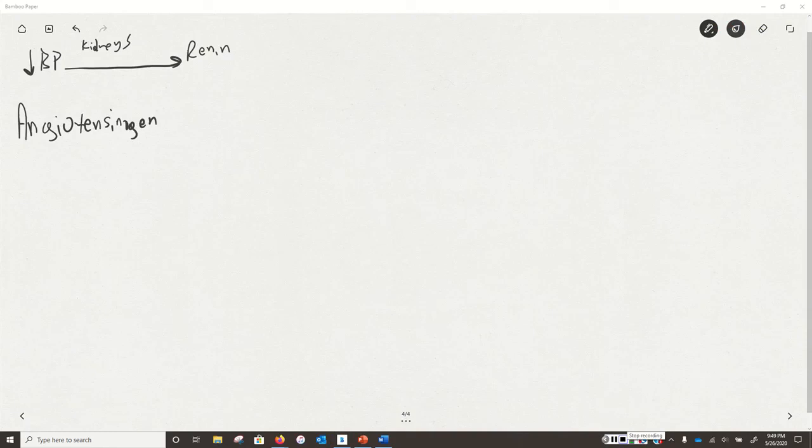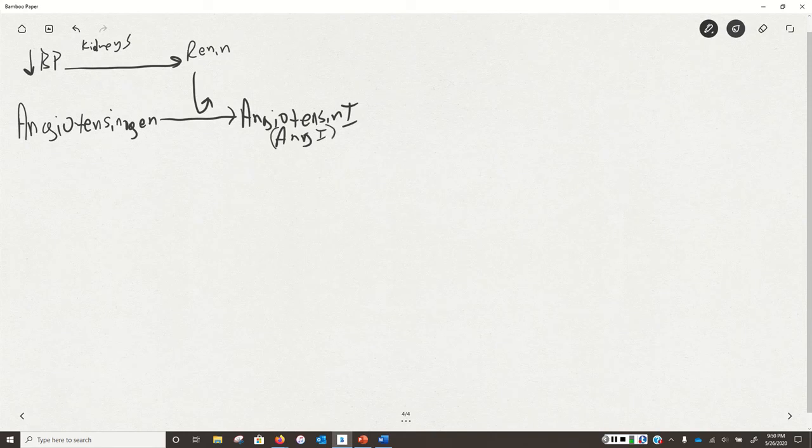Now, renin, what it does once it's released from the kidneys is renin converts. Remember that little symbol, the fish hook? Renin takes angiotensinogen and converts it to angiotensin 1 or Ang1.